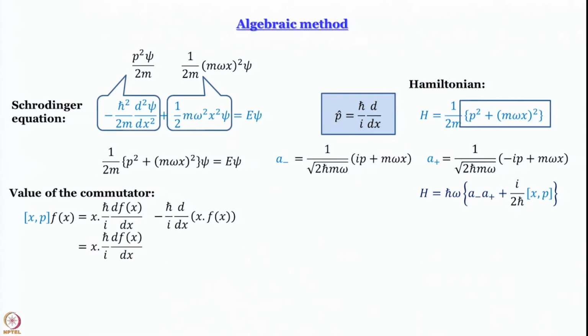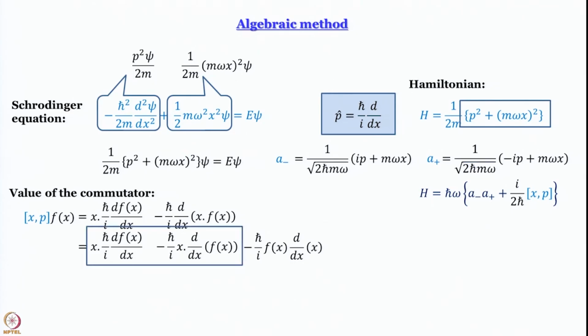Let us do that. The first term remains the same. In the second term, first I can take x out and I can write minus ħ/i x multiplied by d/dx of f(x). For the second one, f(x) will come out, so I get minus ħ/i f(x) d/dx of x. Now, see, things have become simpler.